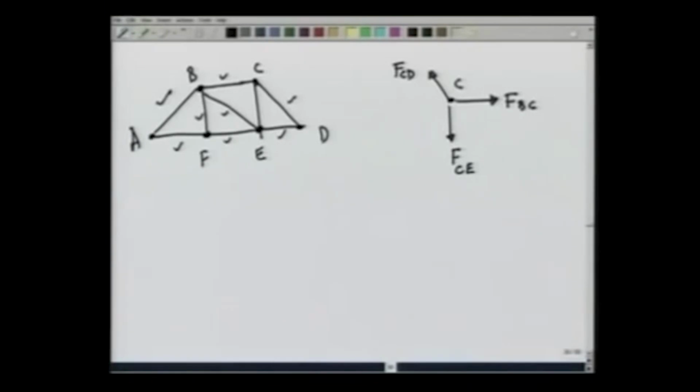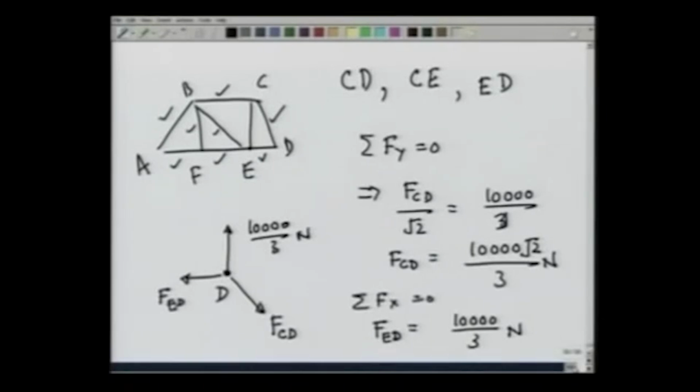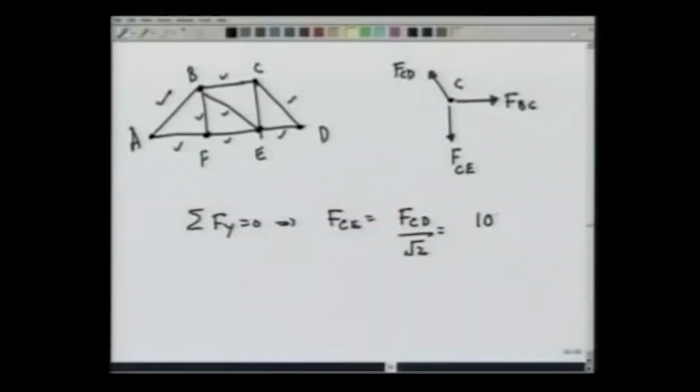Right away you can see that summation Fy equal to 0 would give me FCE to be equal to FCD over root 2, and we have already calculated FCD to be 10,000 over 3 times root 2 newtons, and therefore, we get this to be 10,000 over 3 newtons. At this point, we can also make a consistency check, because if I have done my calculations correctly, the x component must vanish automatically.